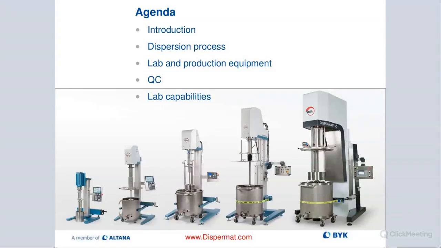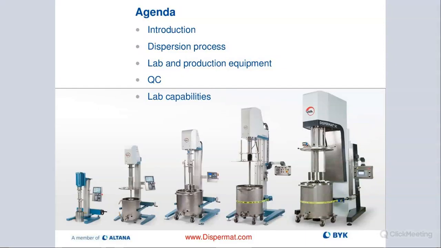Okay, so we're going to start out with a quick introduction, talking a little bit about the company and the relationship that we have with VMA, the manufacturer of the Dispermats here at BIC. We're going to dive right into the dispersion process, and then we have a section about lab as well as production equipment.